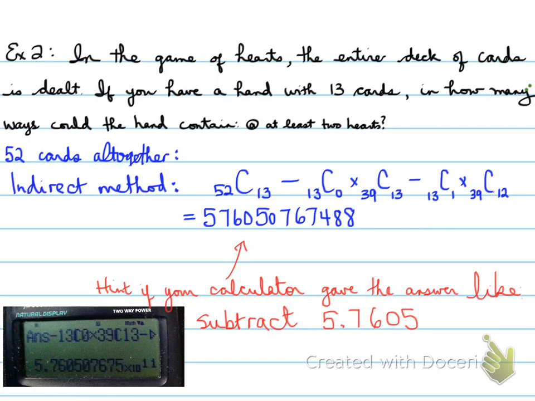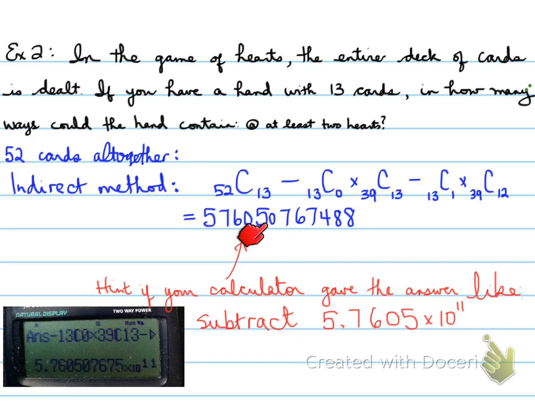So I'm just going to take exactly what's here, folks. 5.7605. So go to the 4th number after the decimal, and we're going to times that by 10 to the 11, which is the same number that's here on the calculator. And we subtract that. And what that will give us is it will eliminate this part of the entire thing.